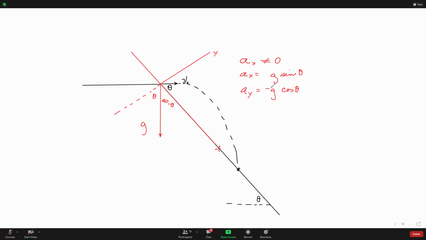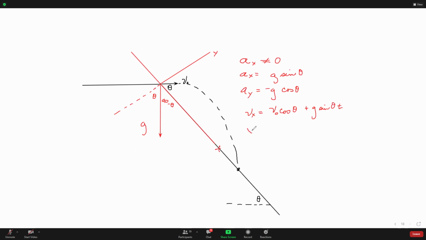Now my kinematic equations are a little different, but I can still manipulate them in exactly the same way. So my v sub x is equal to v0 cosine theta plus g sine theta t.